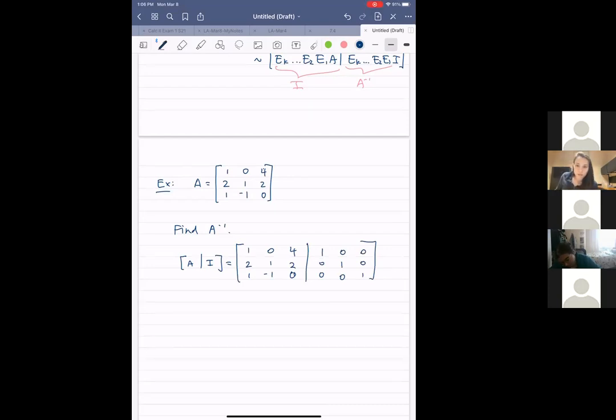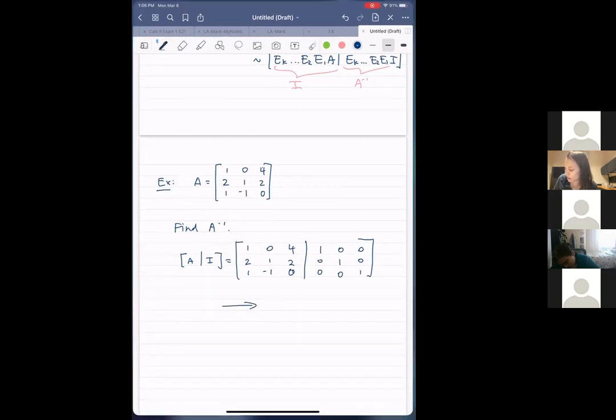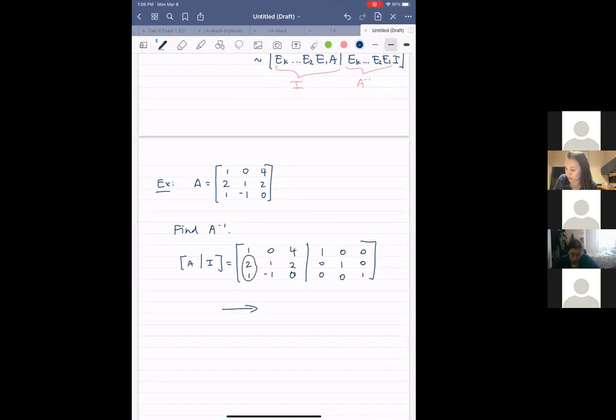And so we want to row reduce this. So first, let's clear this column, so there's stuff below that first pivot. We can take row 3, replace with row 3 minus row 1, right?